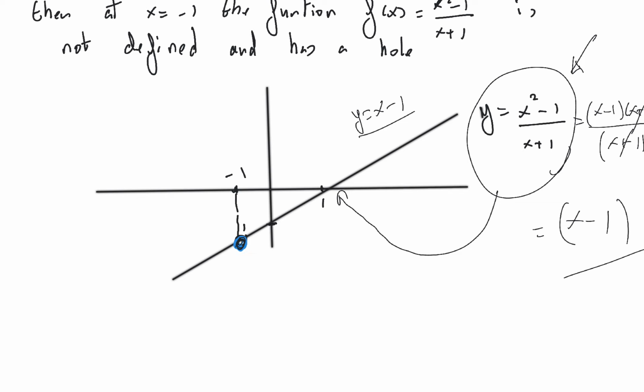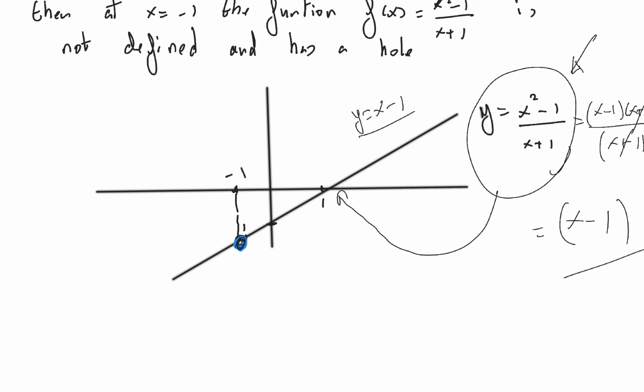So these functions have the same values along the rectilinear line, except that at x equals minus 1 there is no defined value, because you cannot divide by 0. Minus 1 plus 1 is 0. So you cannot divide by 0, so the function has no defined value.